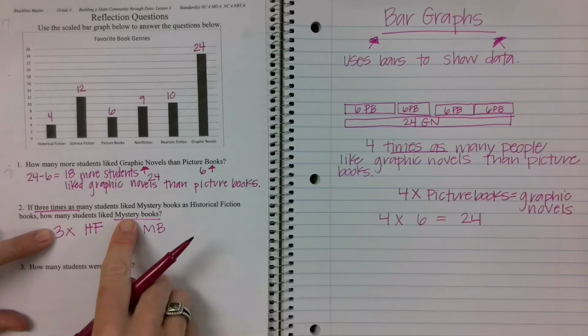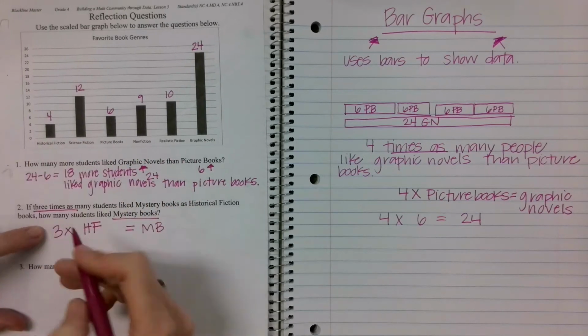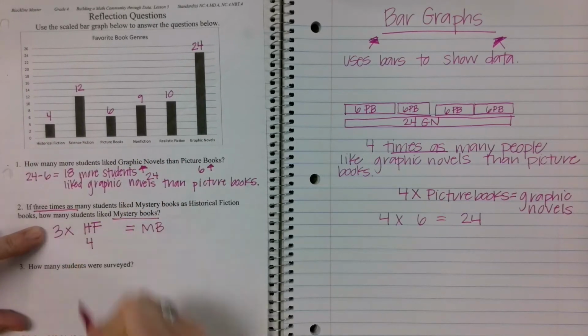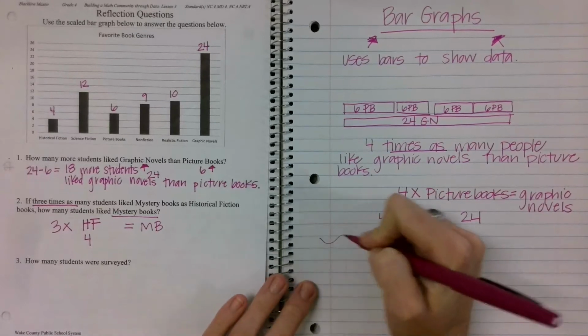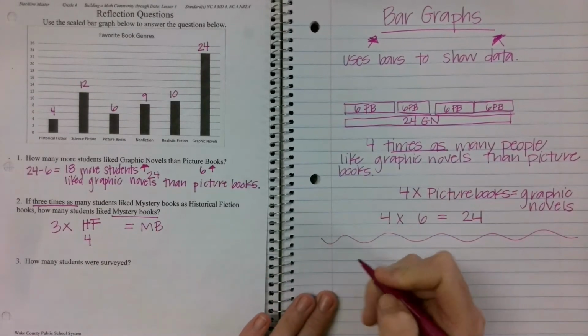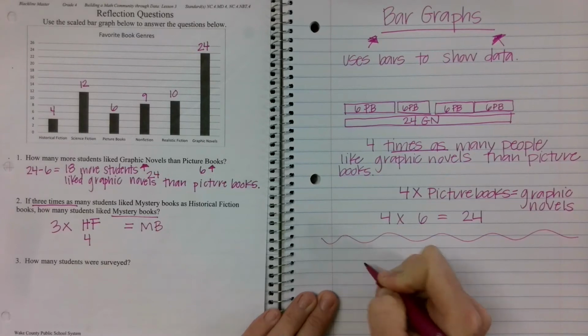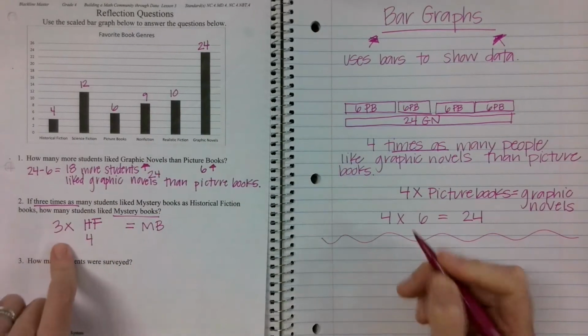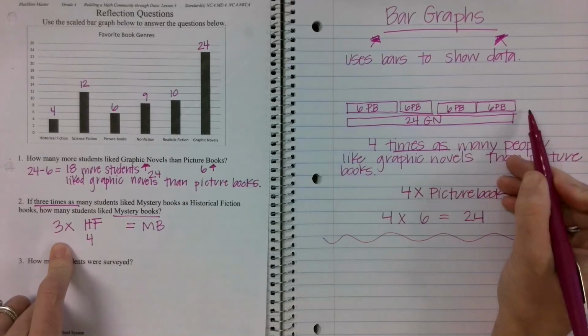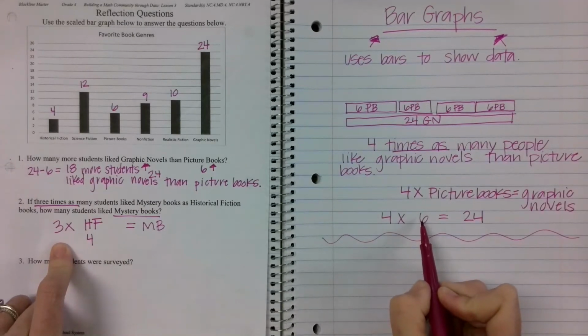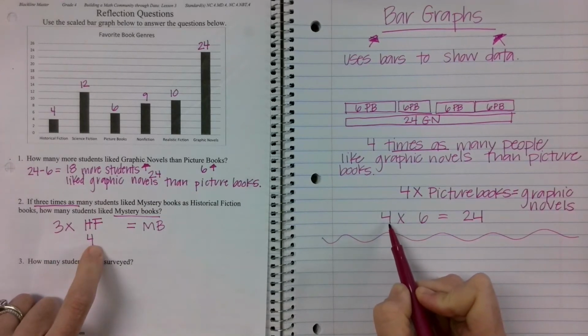So historical fiction got me 4. So I'm going to do, let's see, 3 times. So here I had 4 6s. So now I'm going to have 3 groups of 4.